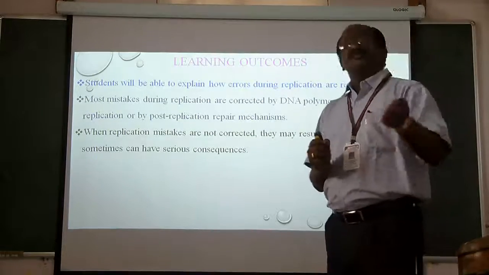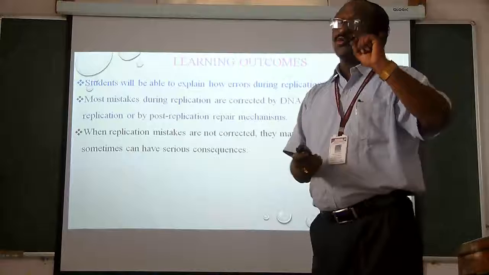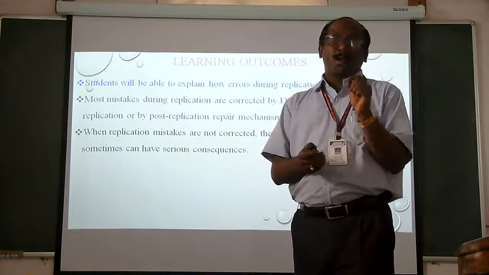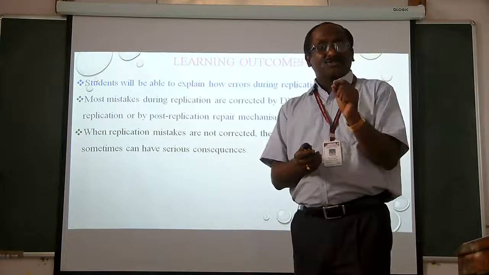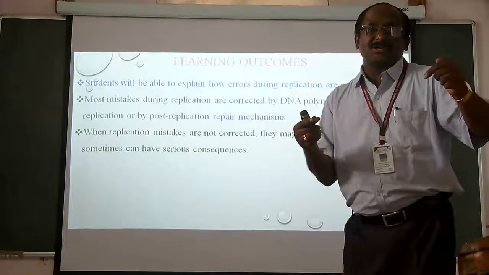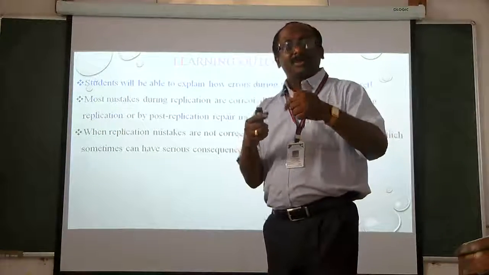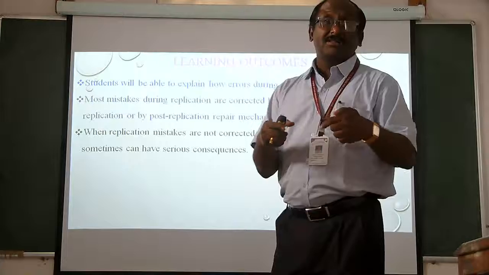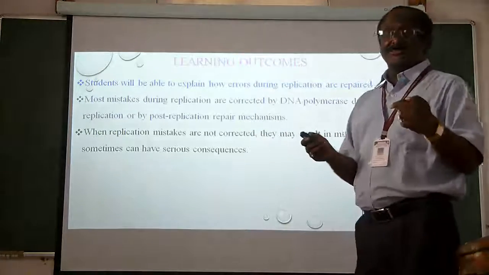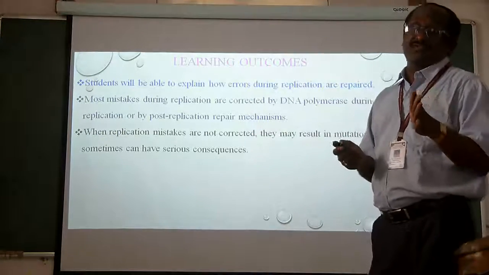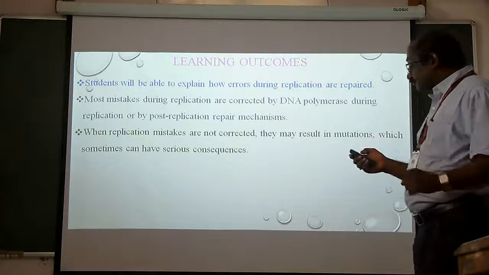So who identifies? Again, it's the DNA that identifies its own problems. When it identifies whether the sequence is in a proper way or not, accordingly the repair mechanisms are built up on their own. What the different kinds of DNA damages are, we'll be discussing later.